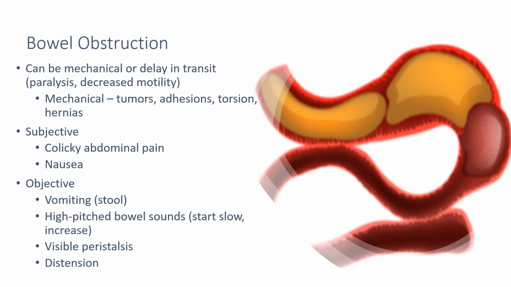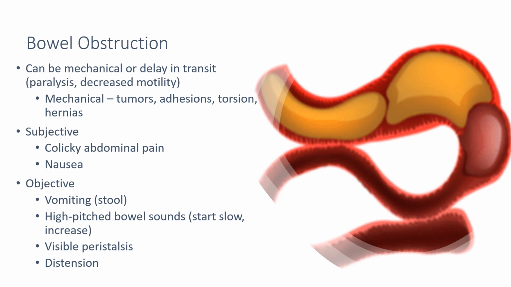And a bowel obstruction, we talked a little bit about this when we were talking about the objective data. A bowel obstruction can be mechanical, where it's a tumor, an adhesion, a torsion, or a hernia, or a delay in transit, where it's paralysis of the gut, either nerve or muscle related, or decreased motility. Subjective data is going to be colicky abdominal pain and nausea.